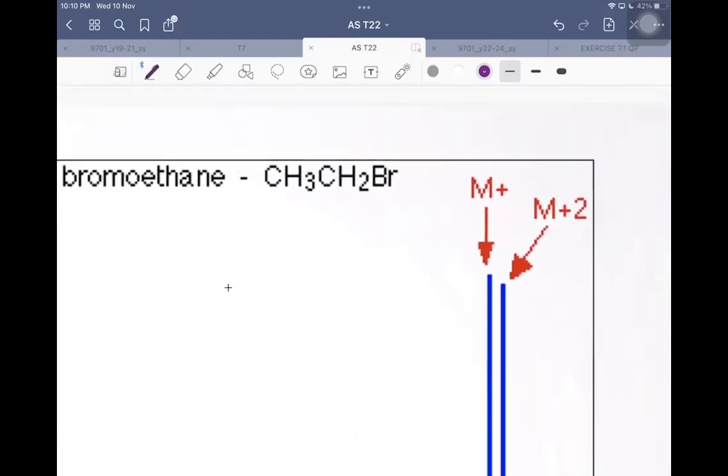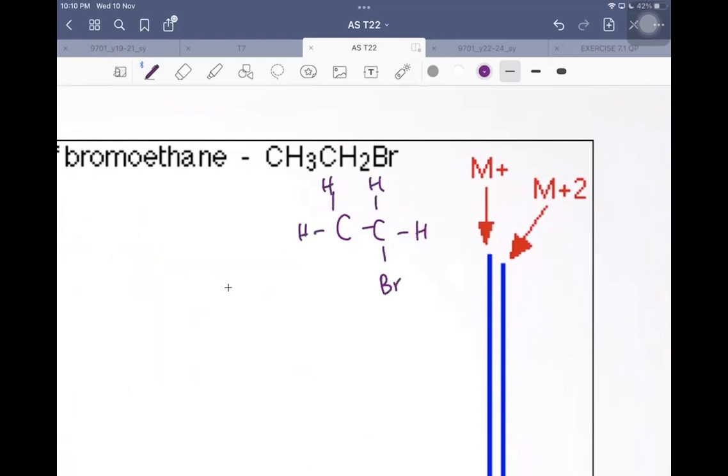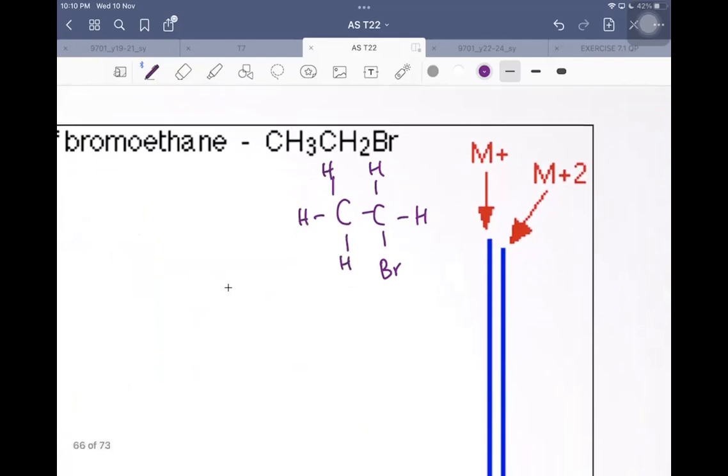Right, so this is the mass spectrum of bromoethane, CH3CH2Br. The M+ peak, since your molecular ion is the lower mass, lower by 2 units, means it is produced by the lighter bromine, which is bromine 79.